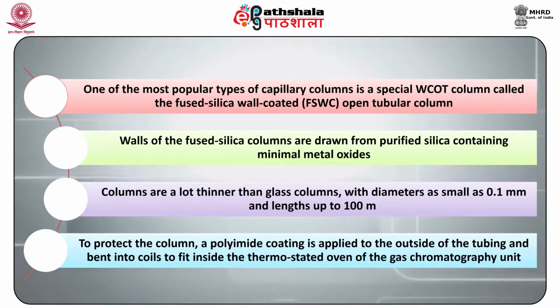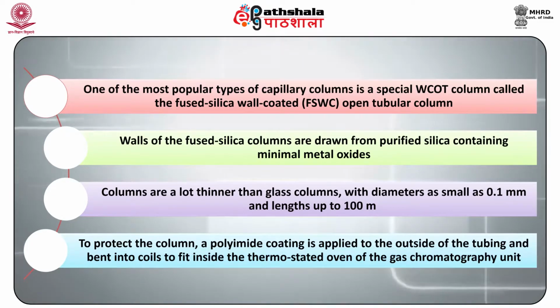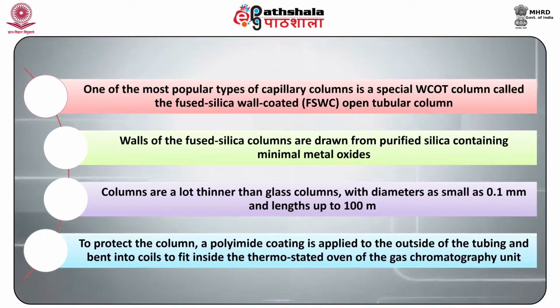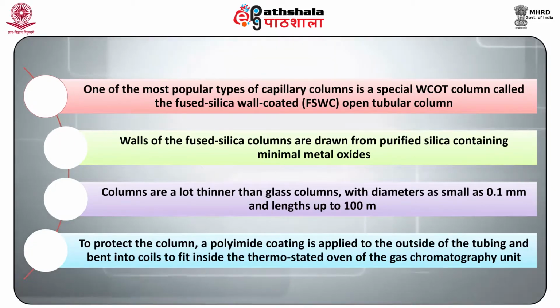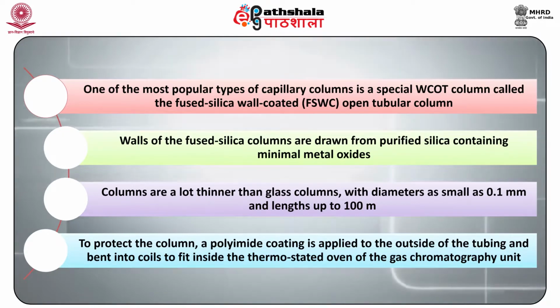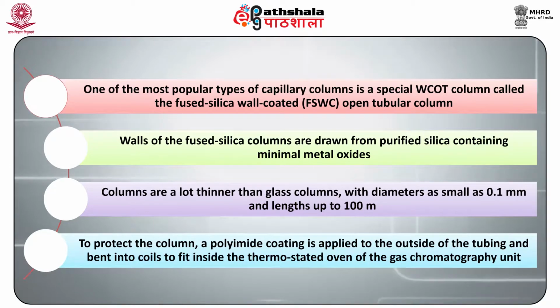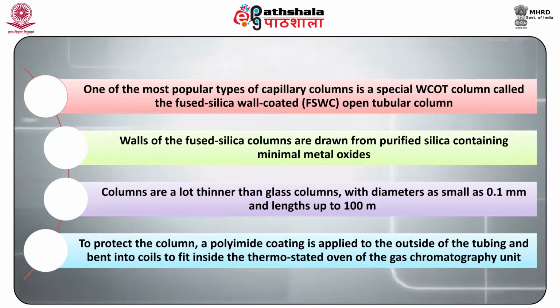The walls of the fused silica columns are drawn from purified silica containing minimal metal oxides. These columns are a lot thinner than the glass columns, with diameters as small as 0.1 mm and lengths up to 100 meters. To protect the column, a polyimide coating is applied to the outside of the tubing and bent into coils to fit inside the thermostated oven of the gas chromatography unit.